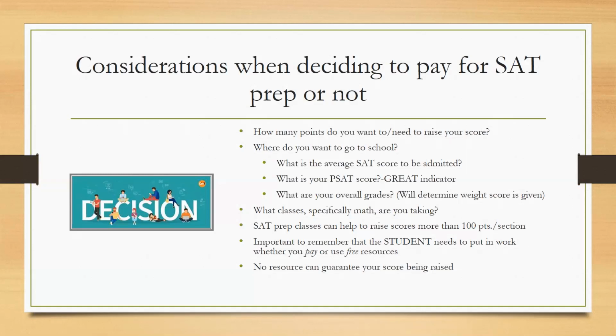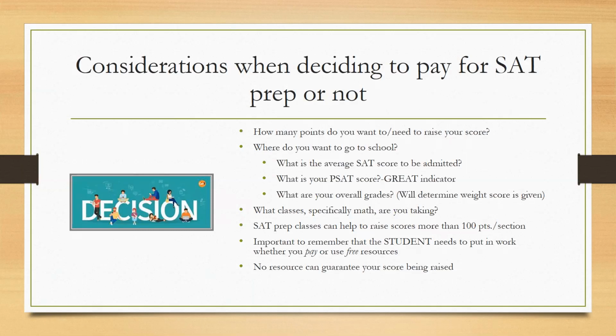If that's the score you need to hit, let's just say you're looking at a school that has a 1400 average SAT score and you scored maybe a 900 or 1000, that may be something where you are going to want to raise your scores a great deal, and that's where the pay for prep is going to be helpful for you.